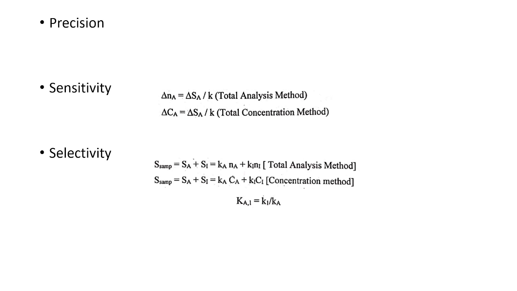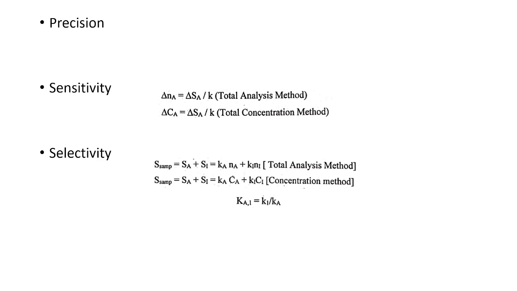What is K_i? K_i is the proportionality constant of the signal between interferent and amount of interferent, whereas K_a is the proportionality constant for the signal between analyte and its amount of analyte.